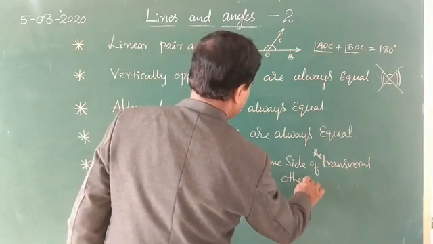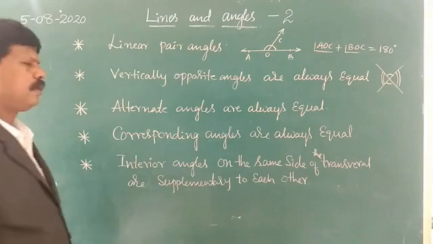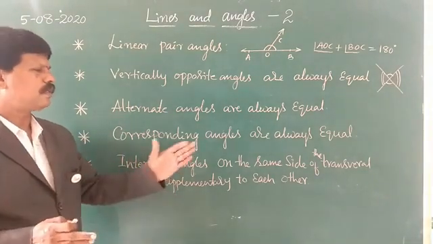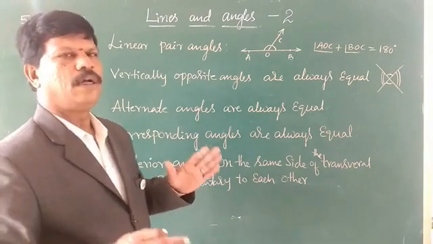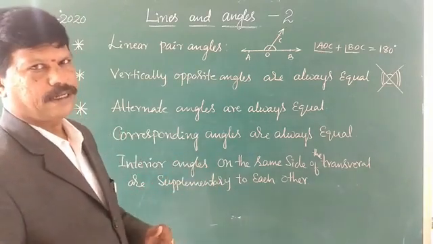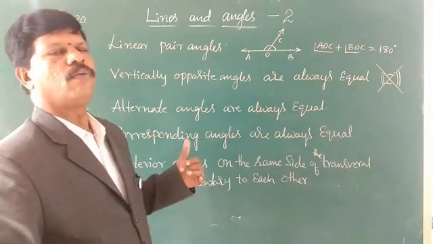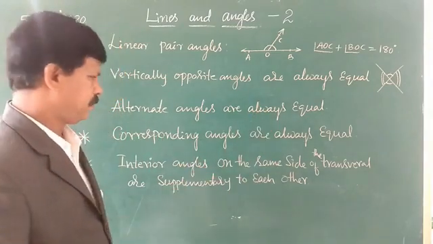Supplementary to each other. That means the sum of two angles on the same side of the transversal is equal to 180 degrees. That means if one angle is 20, then another angle is 160, like that.